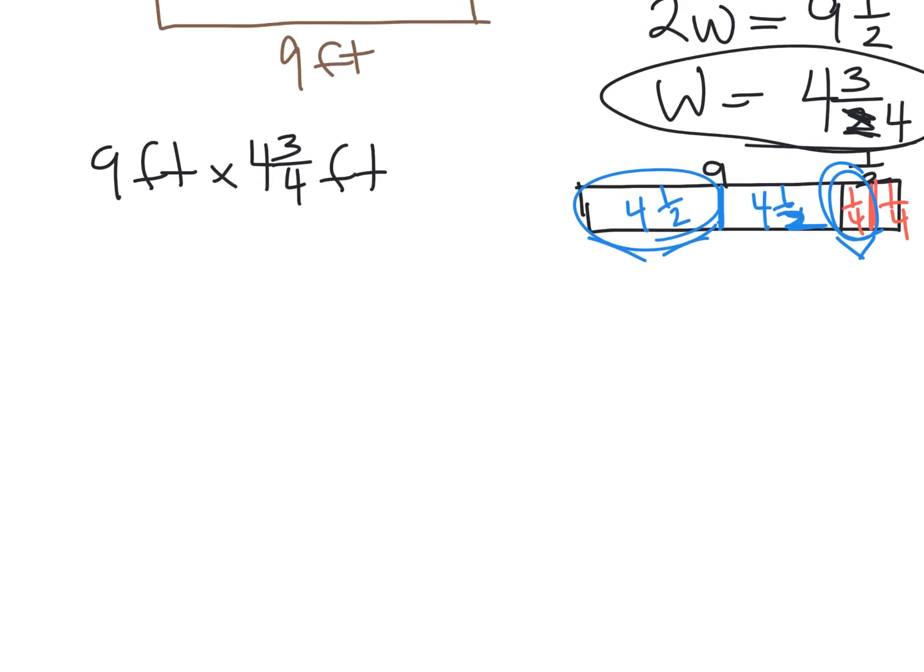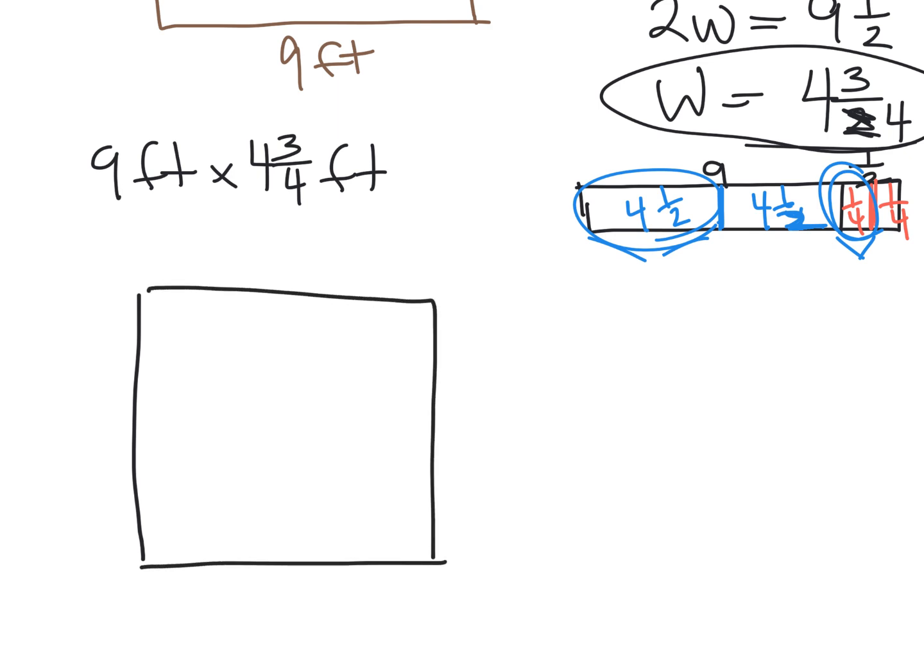So 9 times 4 3/4. So what is that going to look like? Well, 9 is right here. 4 3/4 is going to look like this. So I'm going to do a little bit of shortcut. I'm going to call this 9. And I'm going to call this 4 3/4.